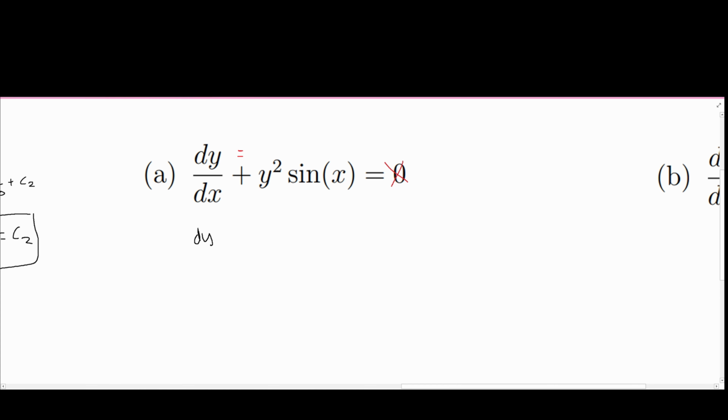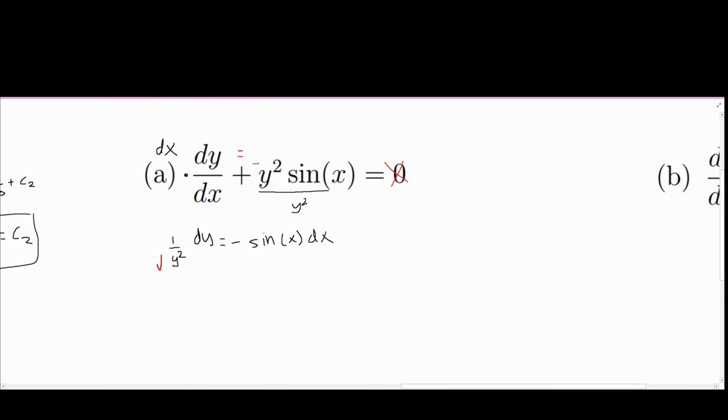For simplicity, we're going to do it in front of this one. Now we're going to divide this right side by y squared to get rid of the y squared, and we're going to multiply the left side by dx to get rid of the dx. Doing this, we get 1 over y squared dy is equal to negative sine of x dx.